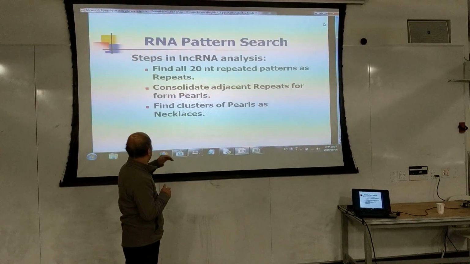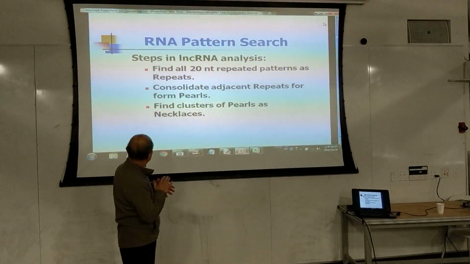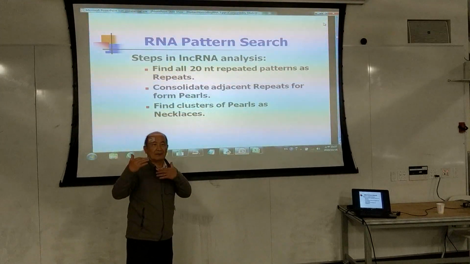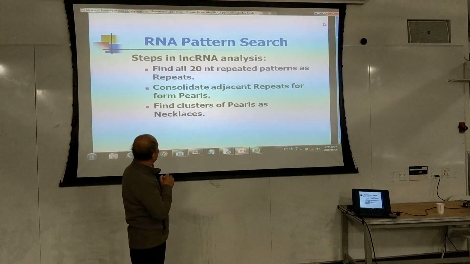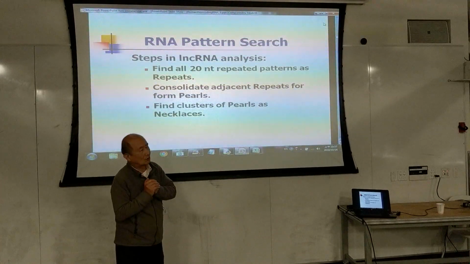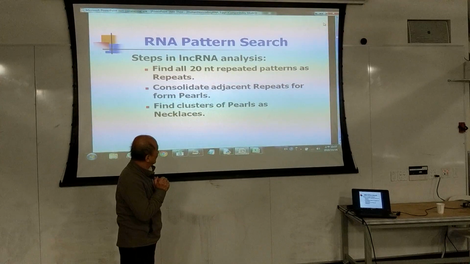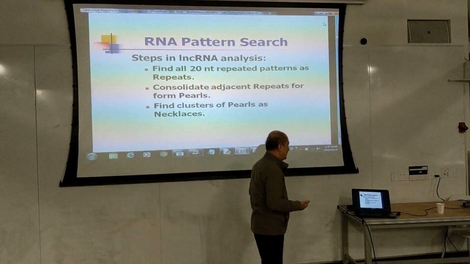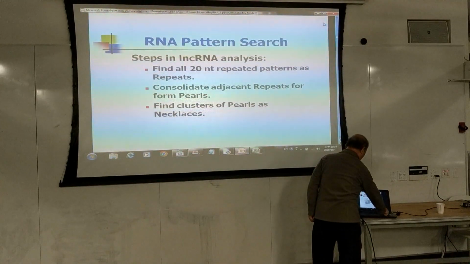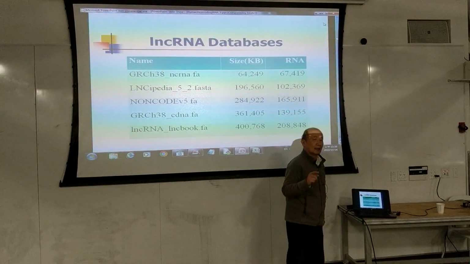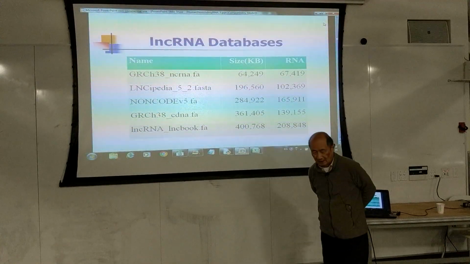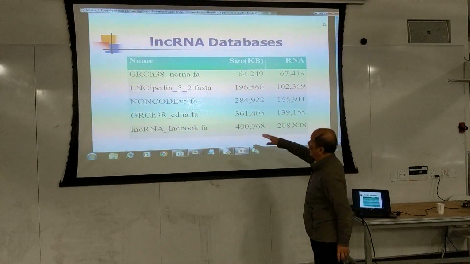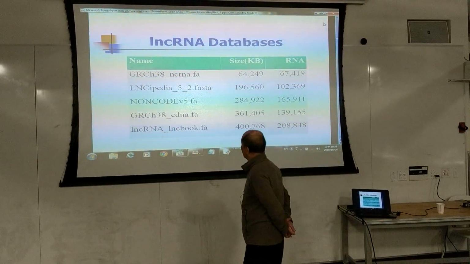And then I believe that the clusters of pairs are very meaningful information in the RNA, and I call them necklaces. And hopefully, I think these are the real code in the long non-coding RNA. So here are the 5 databases that I've used to analyze.